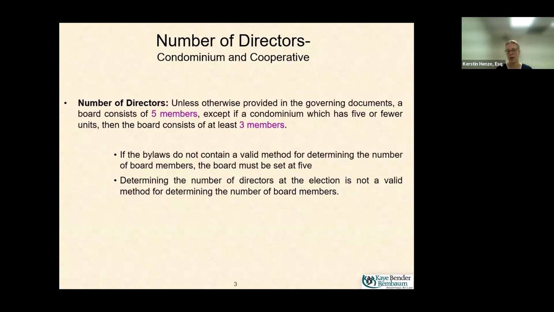For this particular point regarding the size of directors, you want to look at your articles of incorporation and the bylaws. Typically, your articles of incorporation will refer to the size of the board as set forth in your bylaws. And so then you go and look at the bylaws to see the minimum size of the board. If your documents don't provide for a minimum size, then you have to have a board consisting of at least 5 directors, unless you have a condominium which has 5 or fewer units, in which case the minimum size of the board shall consist of 3 members.